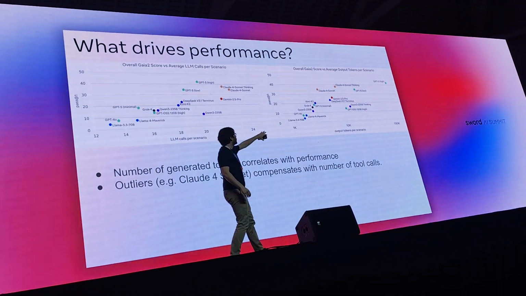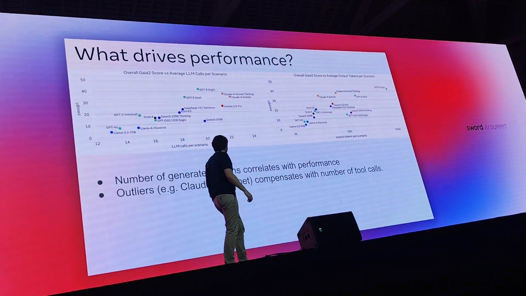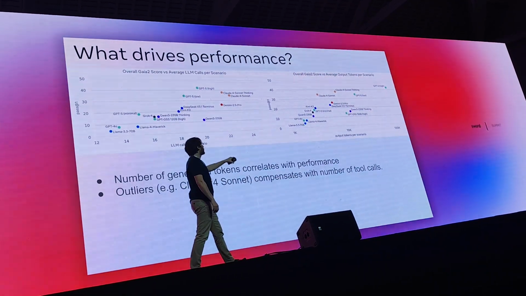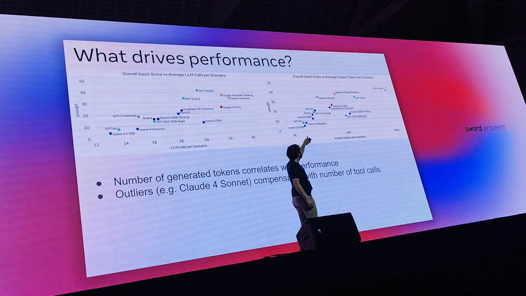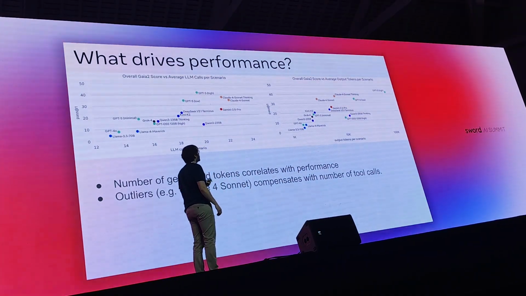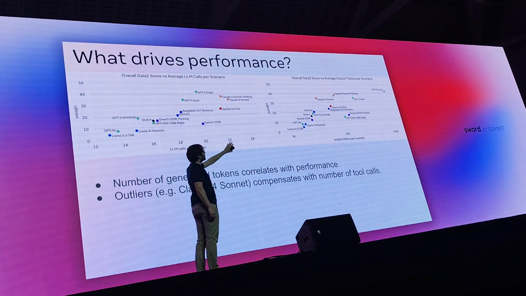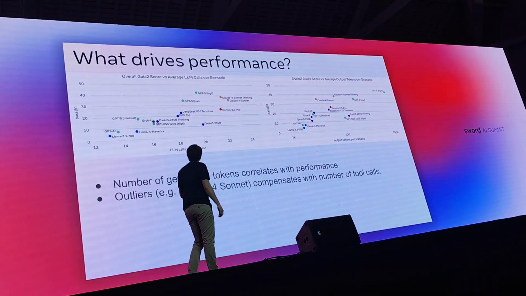We see a clear correlation between performance and the number of tokens used. But we have some outliers, for instance Claude 4 Sonnet. It does not output that many tokens, but it's still a very decent performance.